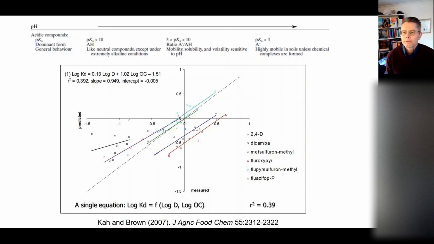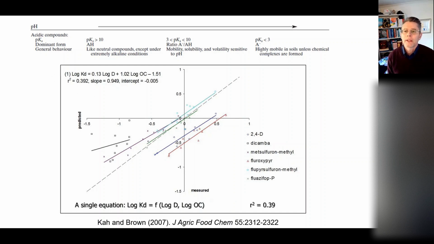Conversely, we have some work from Melanie Kaw during her PhD with Colin Brown, published way back in 2007, where they looked at some pesticides, which are typically dominated by acids. When they looked at the relationships of Kd for this group of chemicals which are speciating in the environment, they found the relationship was more strongly influenced by the organic carbon content in the soils.